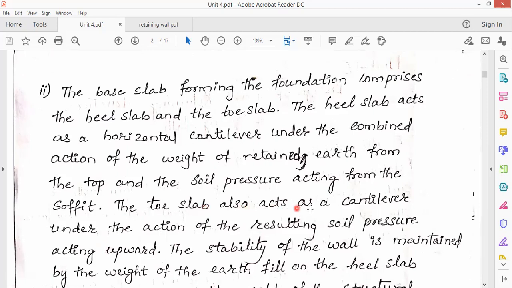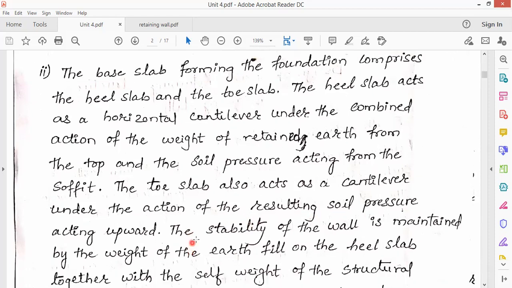The toe slab acts as a cantilever under the action of the resulting soil pressure acting upward. Means here the toe is the front part of this cantilever retaining wall, and here there will be upward soil pressure acting on this toe slab.